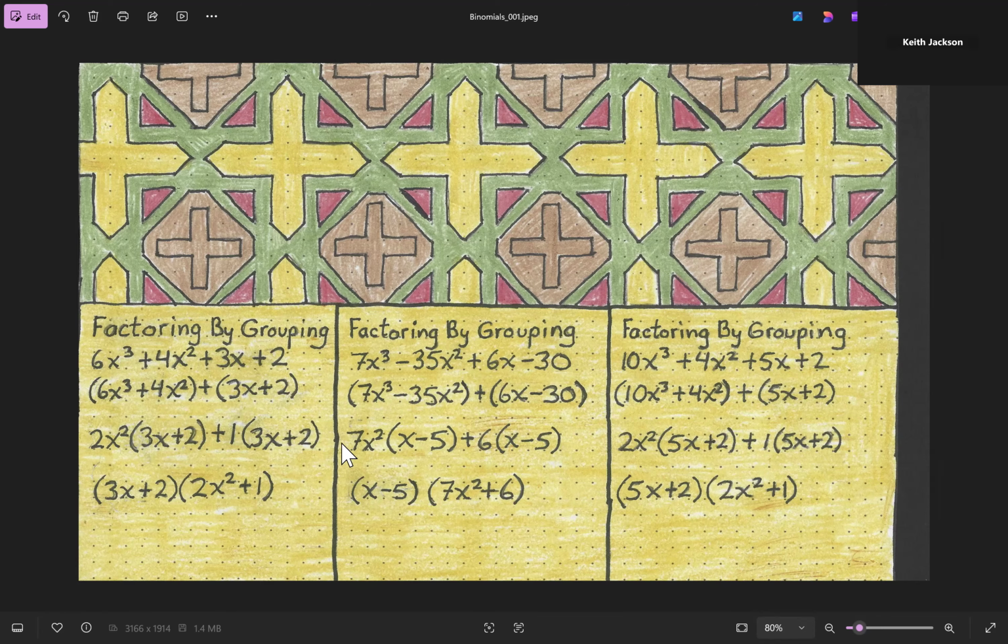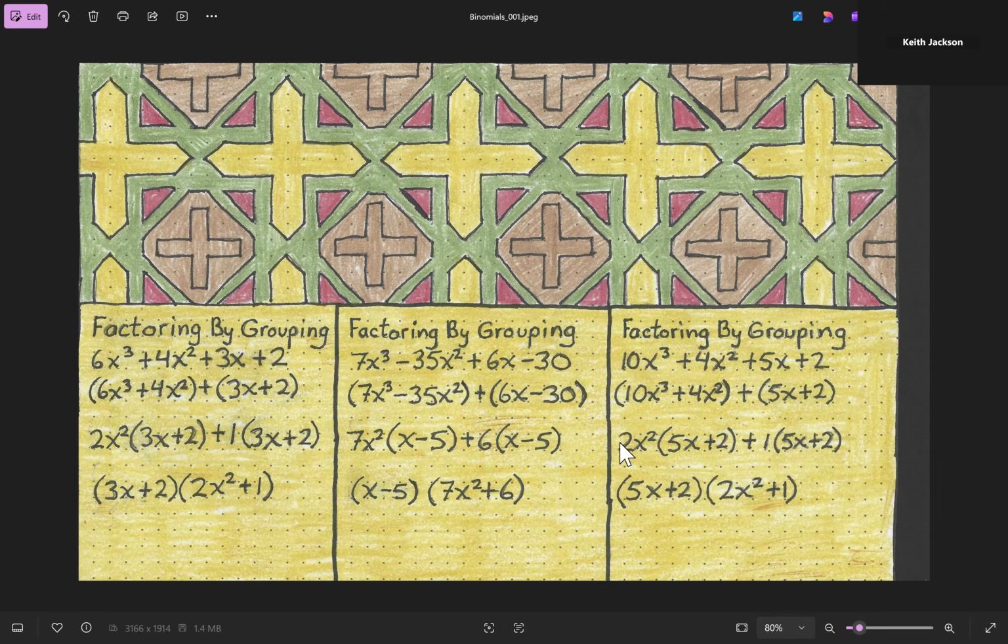Then we take this 7x squared and add it to this 6. Now we can multiply these two factors, and when we do, we get 7x cubed minus 35x squared plus 6x minus 30 from the quantity x minus 5 times the quantity 7x squared plus 6.